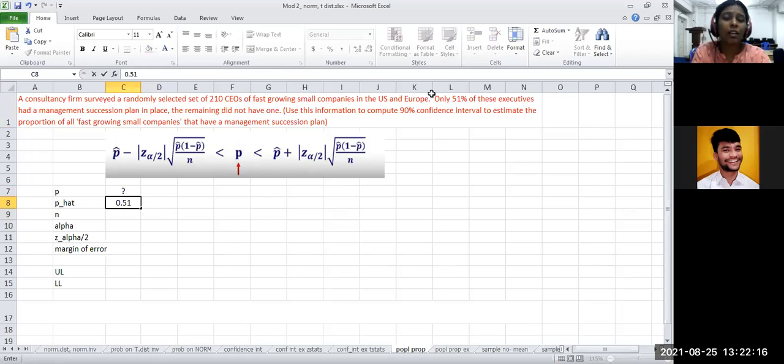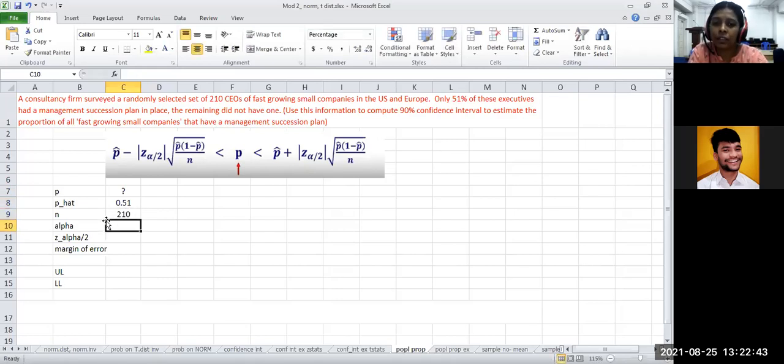So this is the total and this is the sample out of this. So that is why this P hat, which is the sample proportion, is 51%. You can write 51% here or you can write it as 0.51. Your N value, that is your size, the total, is 210.